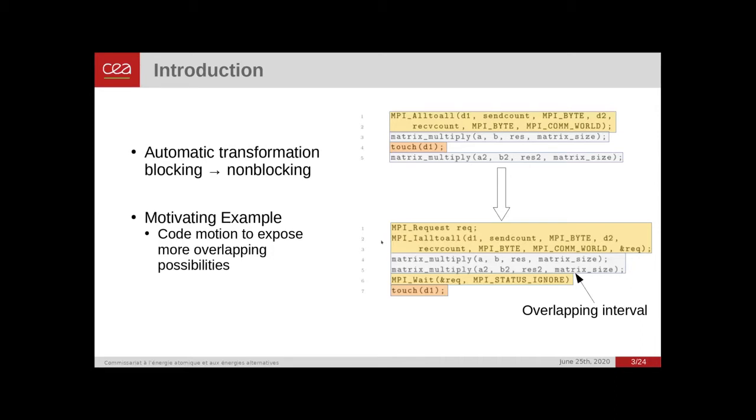We are going to apply code motions to those non-blocking calls in a way that we are no longer hindered by the data dependencies. Here we observe that we have pushed down the MPI_Wait and the touch call below the second matrix computation so that it ends up inside the overlapping interval, making it larger than what we would normally have.